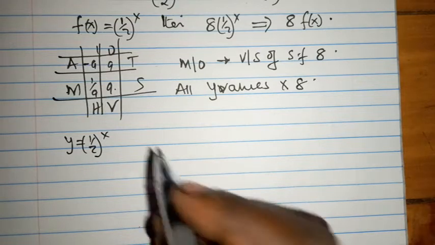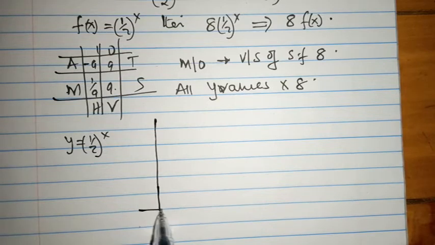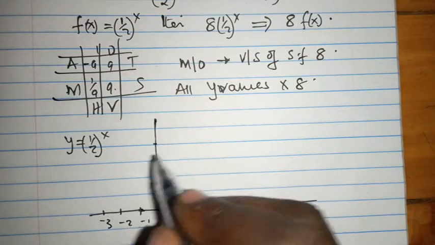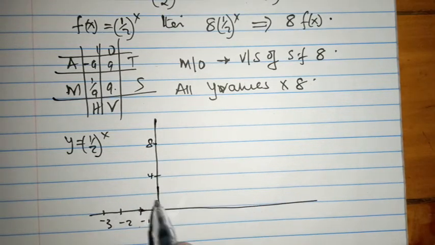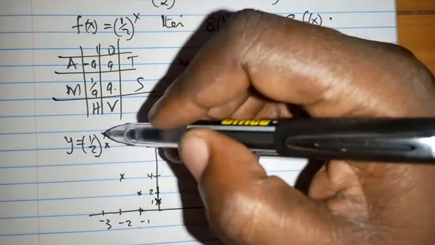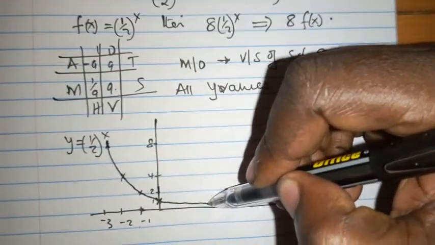We had done it over here, which looked like this: minus 1, minus 2, minus 3, minus 2, minus 1, and this is 8, this is 8, this is 4, this is 2, this is 1. We have such kind of a graph, and the graph appears to look like that.